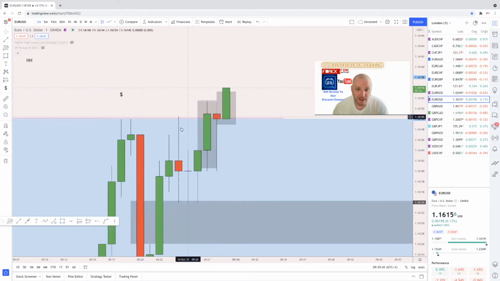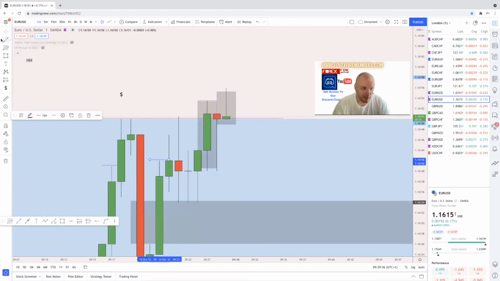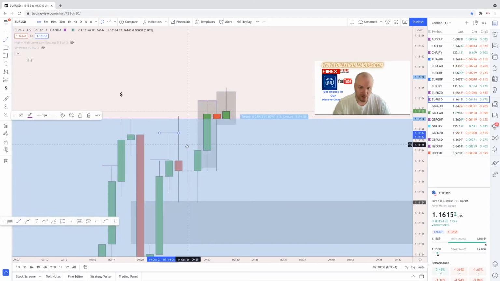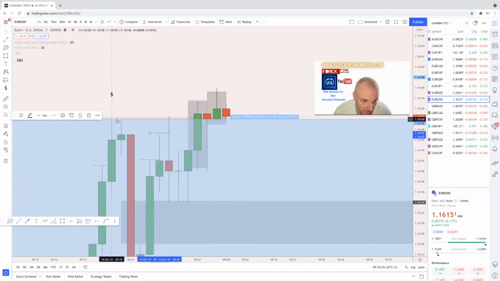Because at the end of the day, each candle holds liquidity on itself. So push up, break a structure. Double top, we come down. Come up, break a structure. Come down, come up, break a structure. You see what I mean?